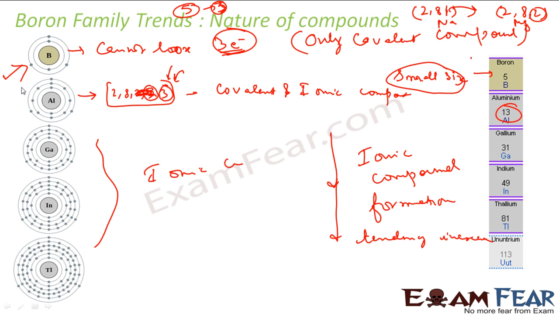Boron always forms covalent compounds: small size, cannot give more than 50% of the electrons it has, so it shares the electrons and forms covalent bonds. Aluminium sometimes shares, sometimes gives the electron, so it forms covalent and ionic bonds. And these guys form ionic compounds as well. Aluminium mostly forms covalent, but it forms ionic sometimes. And if you go down, the ionic character increases.